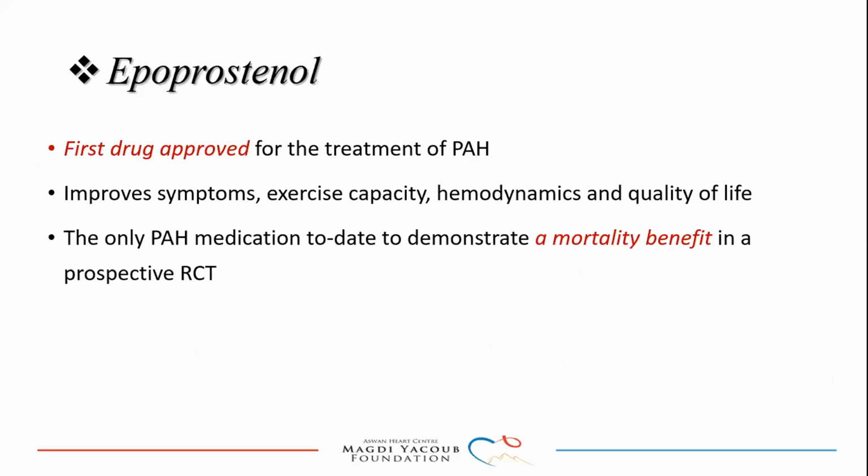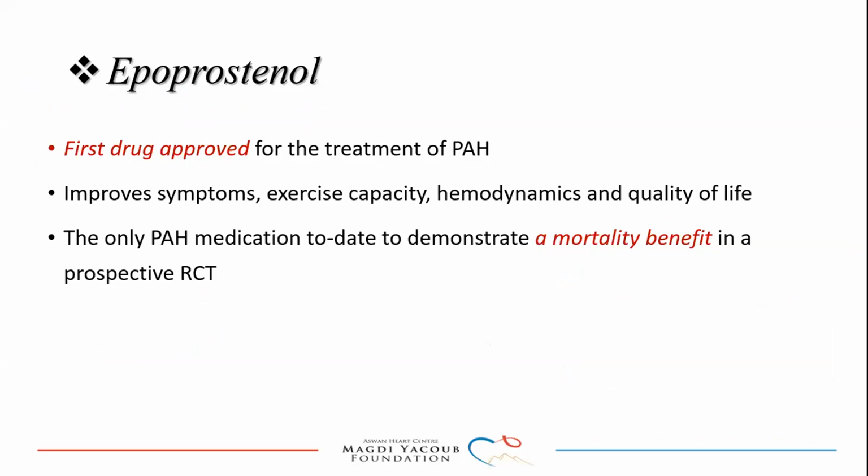Epoprostenol is the first drug approved for the treatment of PH, in the mid-90s, where it showed improvement in symptoms, exercise capacity and hemodynamics, and so far it is the only PH medication that demonstrated a mortality benefit in a prospective randomized trial.